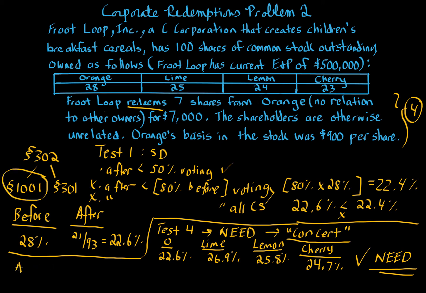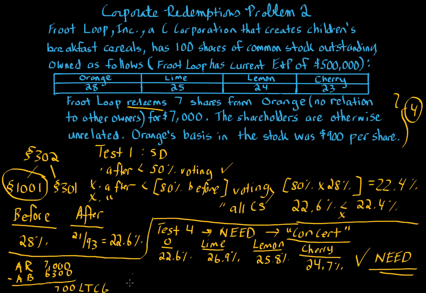So our amount realized is going to be the amount received, which is $7,000, minus the adjusted basis of the shares. The adjusted basis of the shares here, we've got 7 shares at $900 per share, so that's $6,300. So that's going to be a $700 long-term capital gain, assuming that Orange holds the stock for more than 1 year.